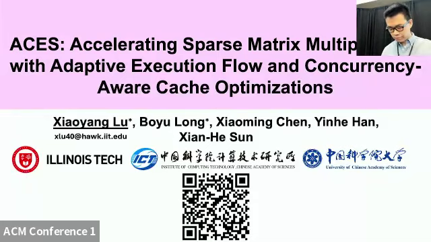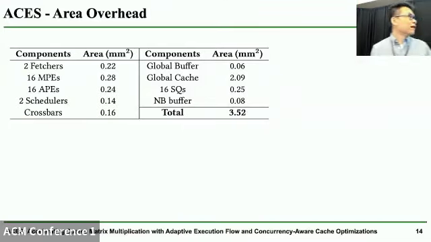Yeah, so we consider the overhead. For example, if we combine the non-blocking buffer with the on-chip cache, we found that we can reduce some size of the on-chip cache and use that size for the on-chip non-blocking buffer to provide the concurrent data accesses. So that kind of concurrency is worth it.